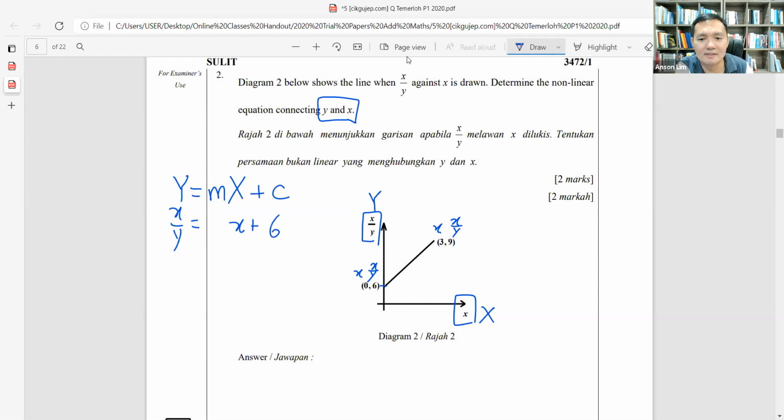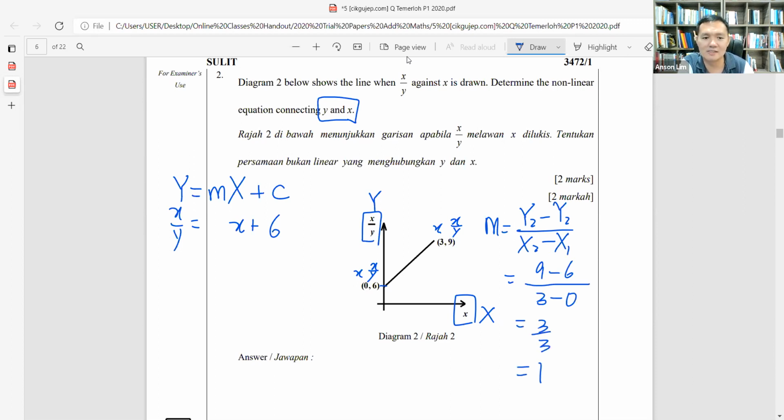M? To find gradient, remember, linear law is what? (y2 minus y1) over (x2 minus x1). So you just use the simple way to solve. 9 minus 6, 3 minus 0, you get 3 over 3 equals 1. I'll sub in here. So x over y equals x plus 6.